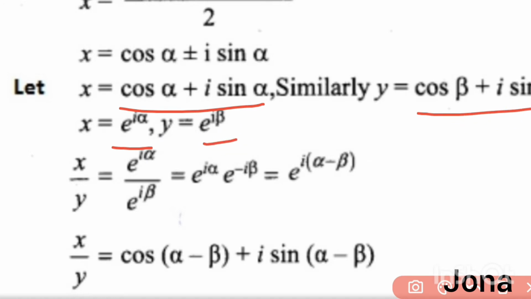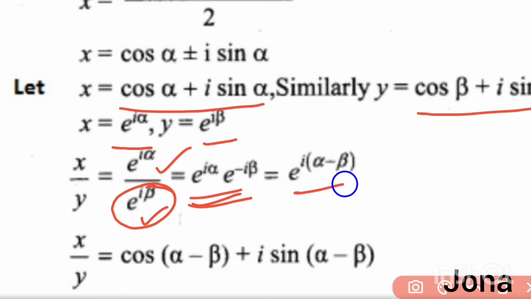In the first division we have x by y, which is e power i alpha divided by e power i beta. This can be taken to the numerator in minus form: e power i alpha into e power minus i beta, which we write as e power i of alpha minus beta. So x by y can be written as cos of alpha minus beta plus i sin of alpha minus beta.